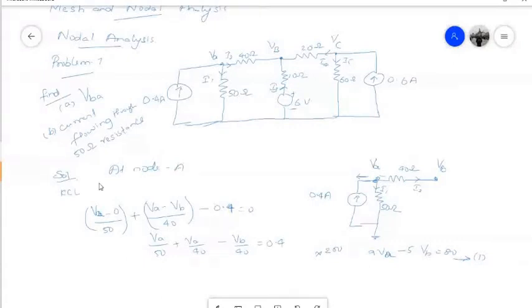Now if you look at this equation that I have written, I can also directly write this equation to be VA by VA minus 0 by 50, VA minus VB by 40 is equal to 0.4. Fine. Now I have written this intermediate step because I want to just keep in line with that nodal analysis.